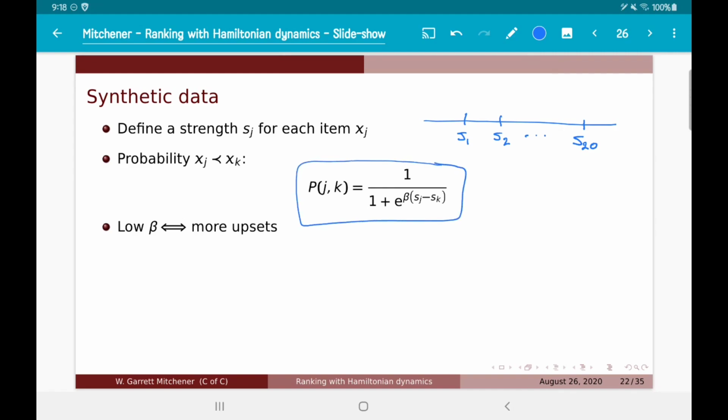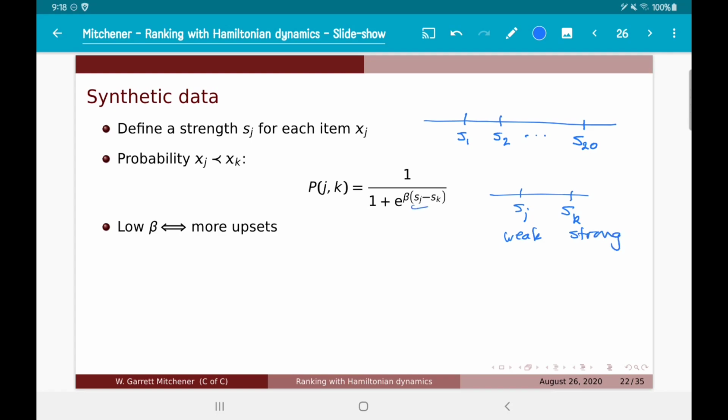It's a probability between 1/2 and 1 that indicates that team J should lose to team K, and so J goes on the left and K goes on the right. To explain this probability, if S sub J is less than S sub K, that means team J is weaker and team K is stronger. This difference will come out negative.